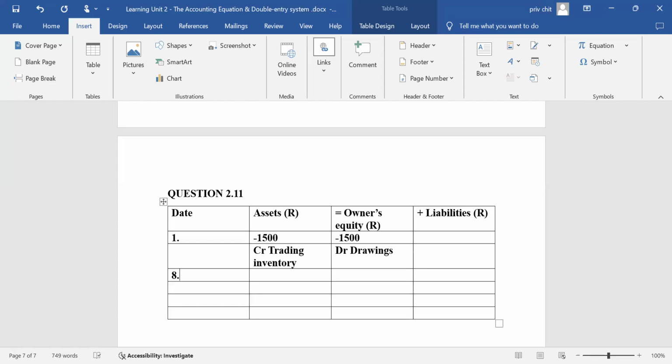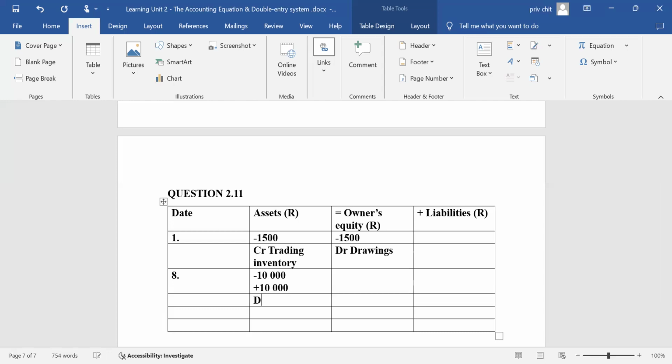So if I'm looking at that, we are paying, so it means it's minus, right? What are we minusing there? Bank. Minusing bank, 10,000, right? But we are buying inventory. So inventory, on the same side, is also an asset, so it's increasing at the same time. So we're going to be debiting trading inventory because we are buying the inventory.